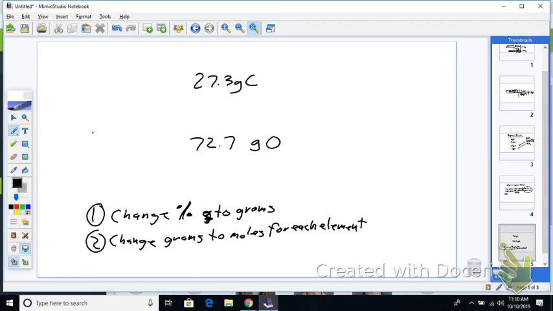And based upon what we did with the percentages, it should be. Got to change it to moles. Oh, yes, my bad. You wrote down both the numbers.